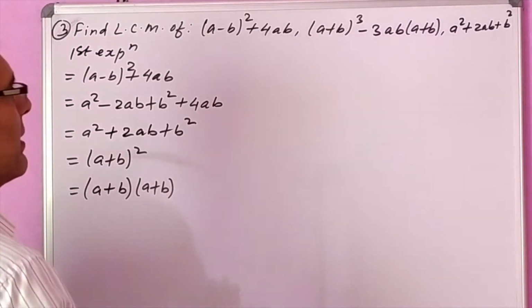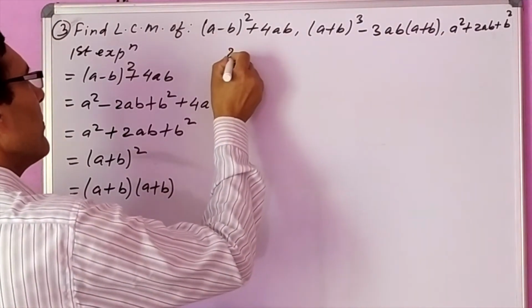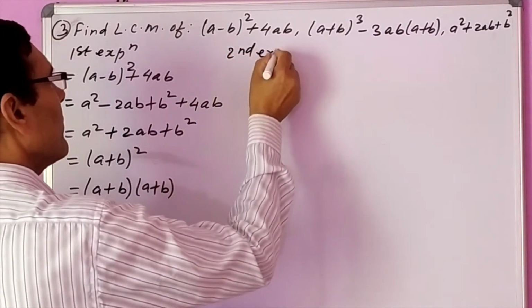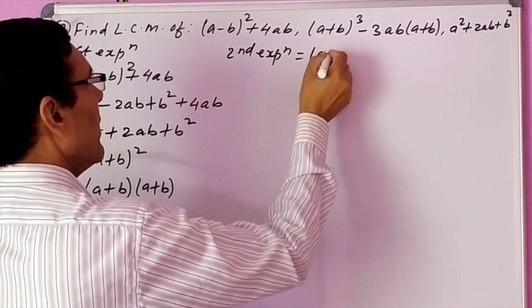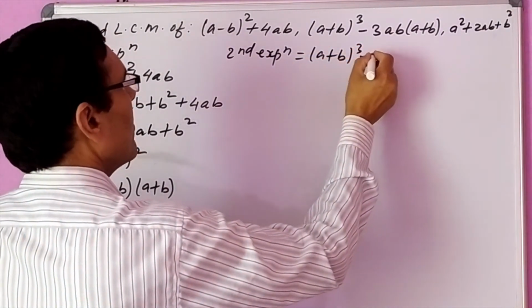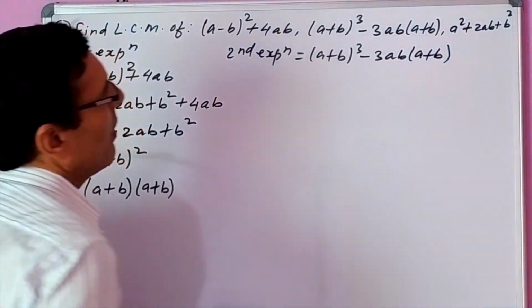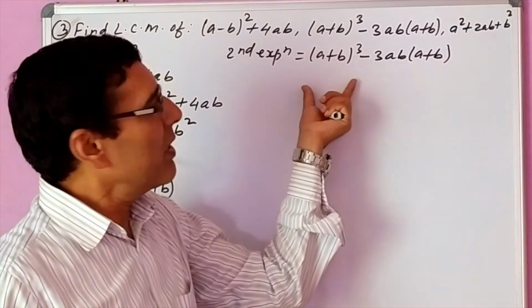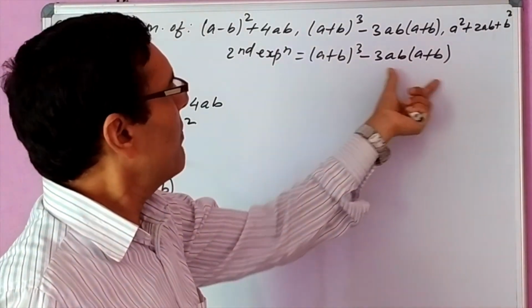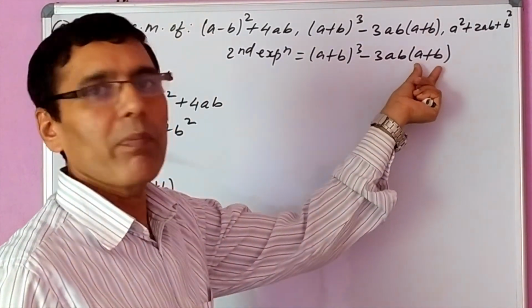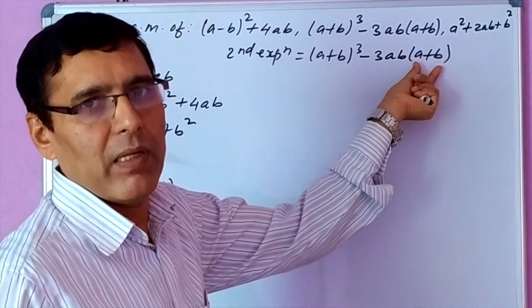Similarly, our second expression is A plus B whole cube minus 3AB times A plus B. Here we do not expand this A plus B whole cube because we have two terms here, and you can see we have A plus B in the second term as well.